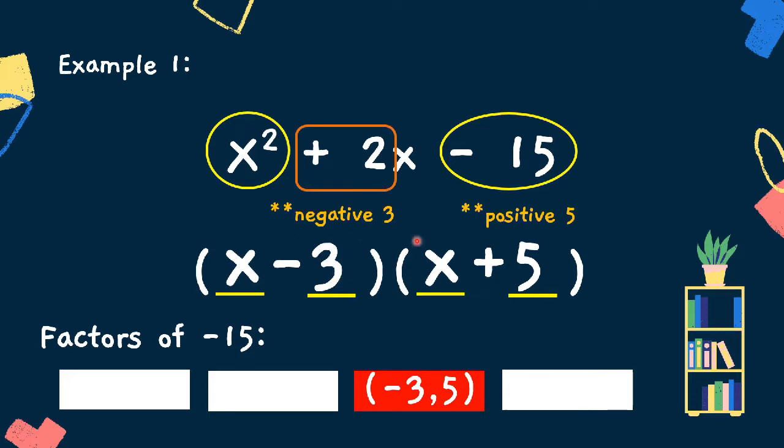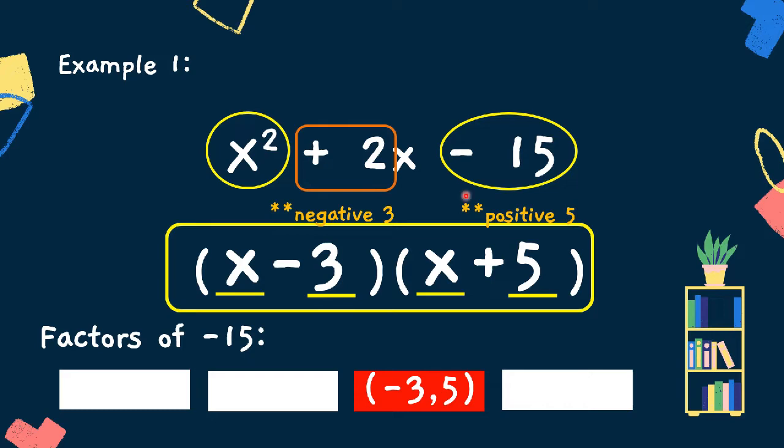So all in all, the factors of x squared plus 2x minus 15 is x minus 3 times the quantity of x plus 5. If you want to know if our answer is correct, simply multiply the two.